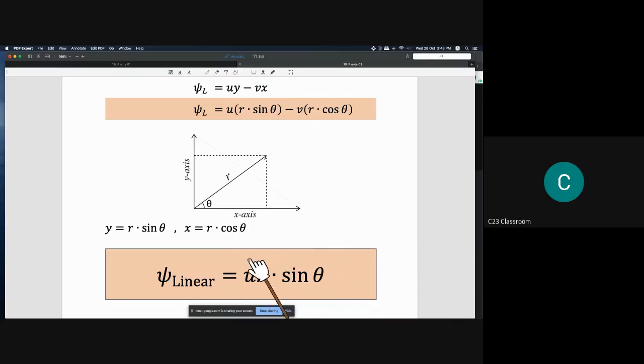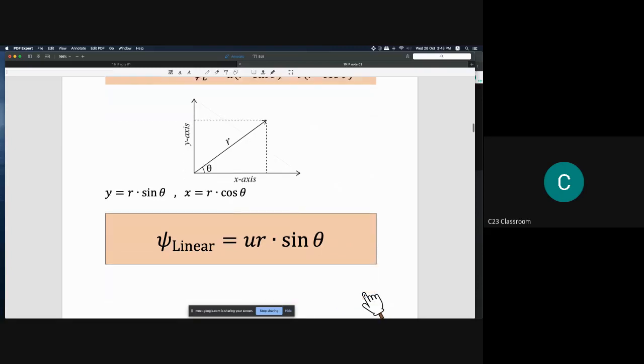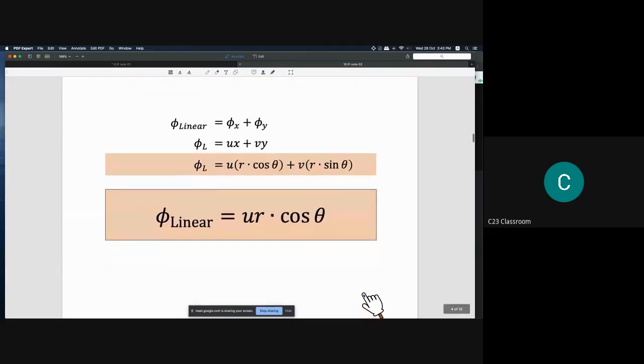And then we could assume that the stream function for linear flow is equal to ur times sin theta. This is the simple one. So phi for linear flow is phi for x plus phi for y. We have ux, because u is the velocity in x, and x here is the distance traveled by u, plus vy, because there is no negative or positive sign for the velocity potential.